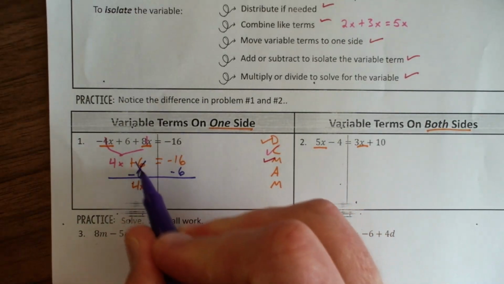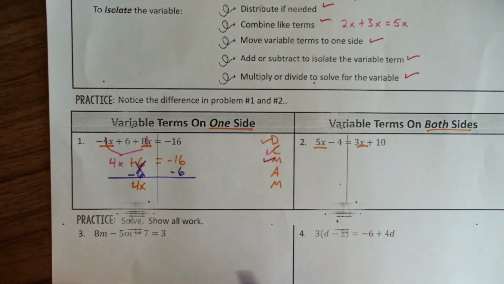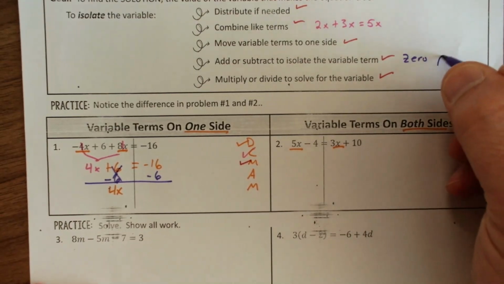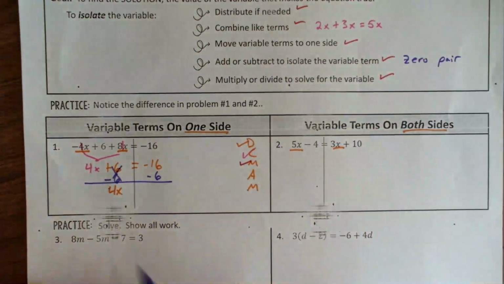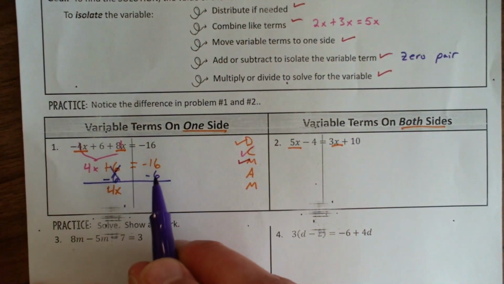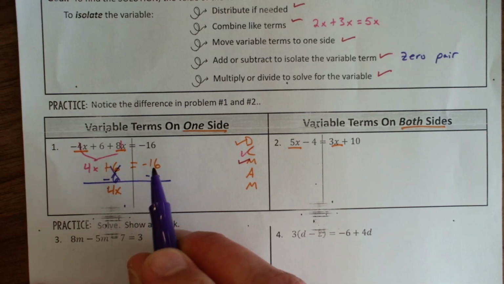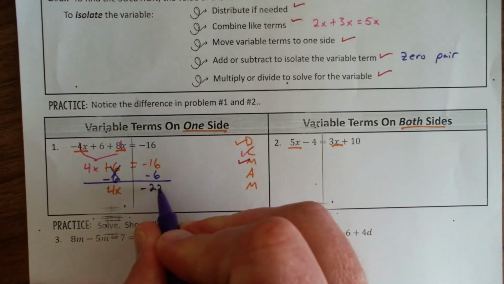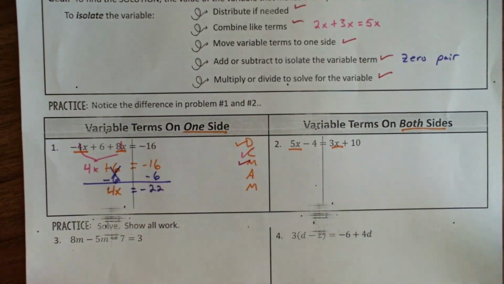Positive 6 minus 6 is 0. It goes away, which is what I want. I want that zero pair. Negative 16 minus 6, if I dug a 16-foot hole and I dig 6 more feet, that's negative 22 feet down.